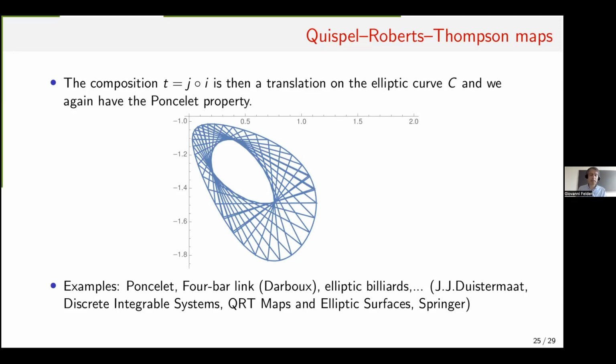There is a Poncelet, as I mentioned, and then there is, for instance, the 4-bar link of Darboux. So you consider a quadrilateral that you make up with wooden sides. The sides of your quadrilateral don't move, don't change.